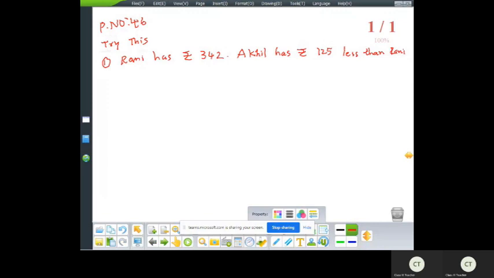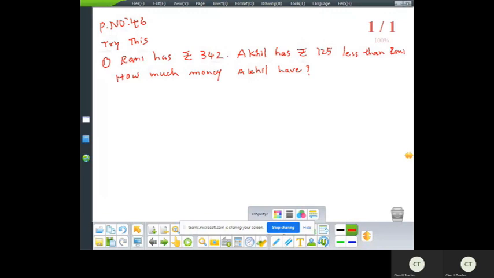How much money does Akhil have? Yes, this is a statement problem from page number 46, question number 1, try this one.